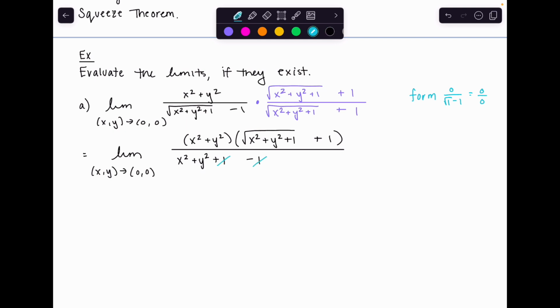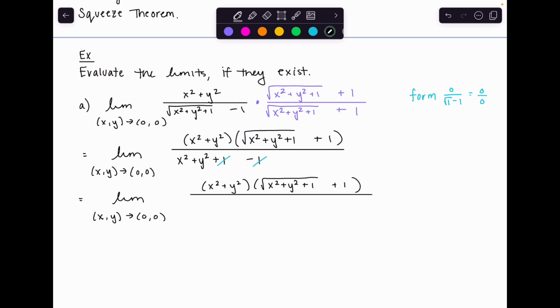The 1 disappears. So in the top, I'm left with x squared plus y squared times this giant square root. And in the bottom, we are just left with x squared plus y squared, which is fantastic because now my problematic thing ends up canceling, which is also why I didn't want to distribute stuff out.